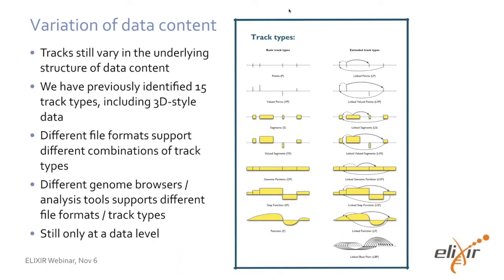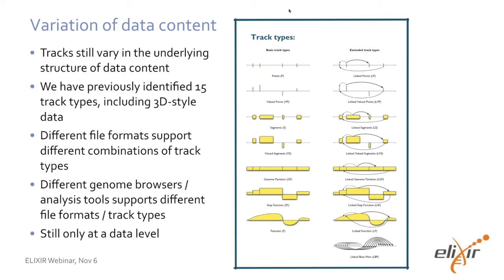A bit more about the information content in tracks. Tracks vary quite a bit in the underlying structure of the content. In Norway, we have previously defined 15 different track types, which are variants of points and segments. You also have track types that can interconnect elements from different places in the genome, and this is used, for instance, for chromatin conformation type of data.